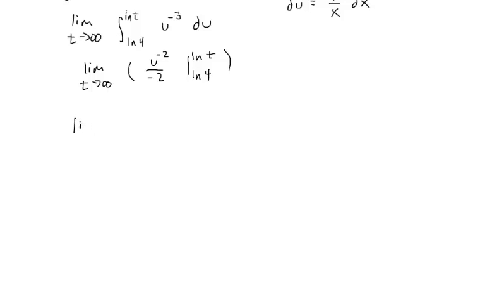So we're going to have the limit as t approaches infinity of negative 1 divided by 2 times ln of t squared. And I put my u to the negative 2 term in the denominator as positive because it's a little bit easier to take the limit, minus negative 1 divided by 2 times ln of 4 squared.